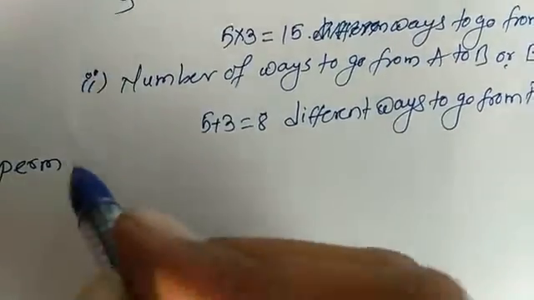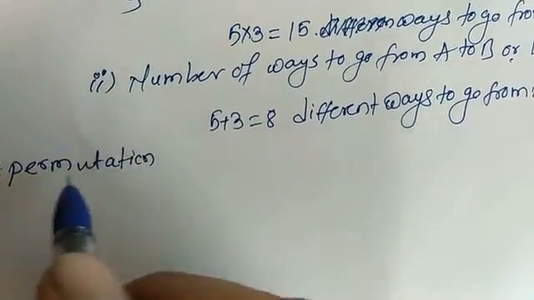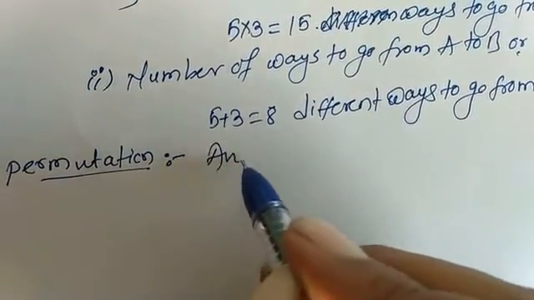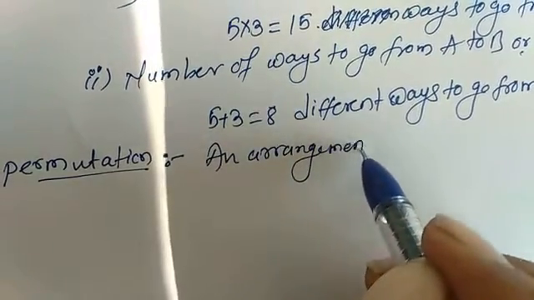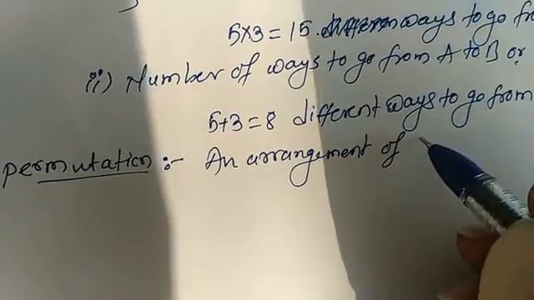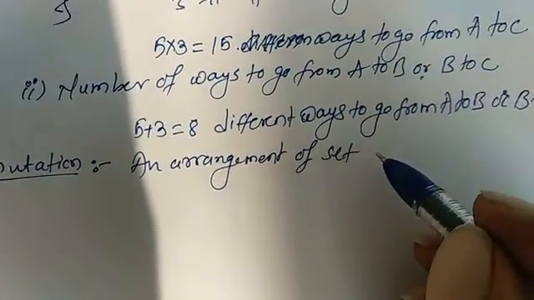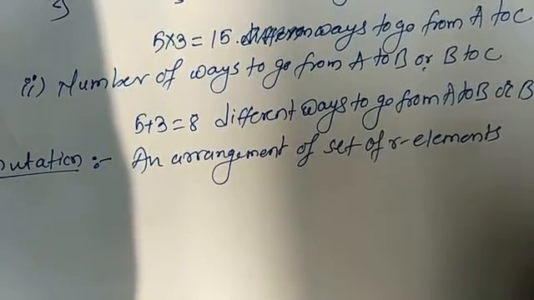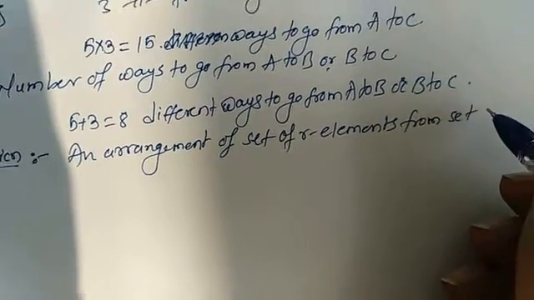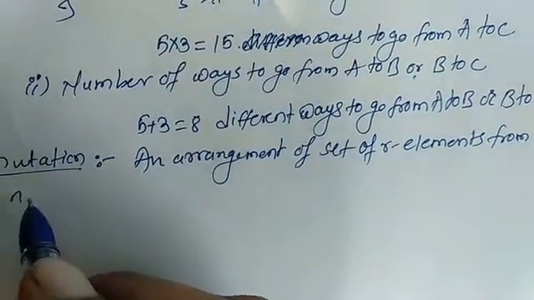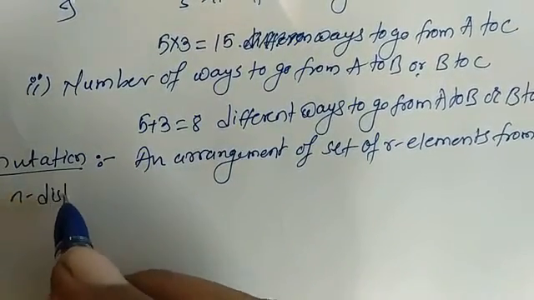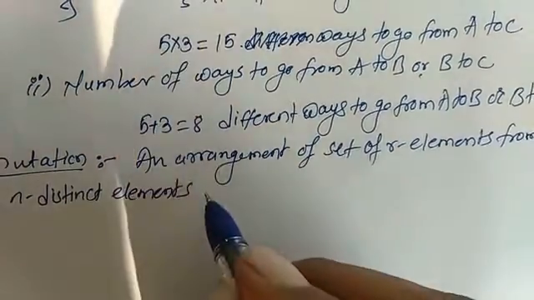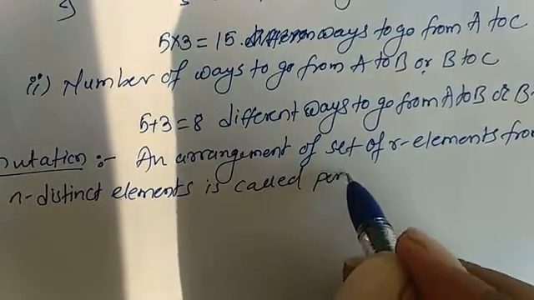Next point is permutation. Now, the definition of permutation is an arrangement of a set of r elements from a set of n distinct elements is called permutation.